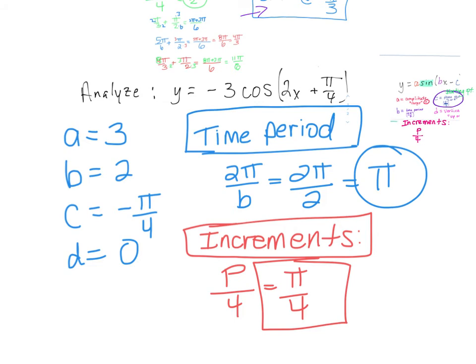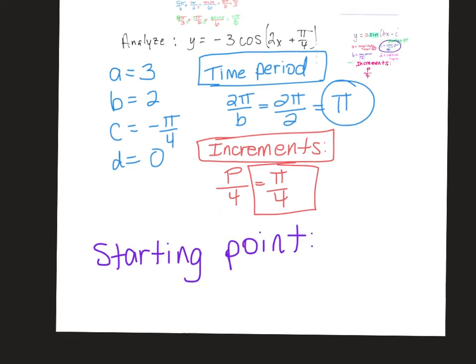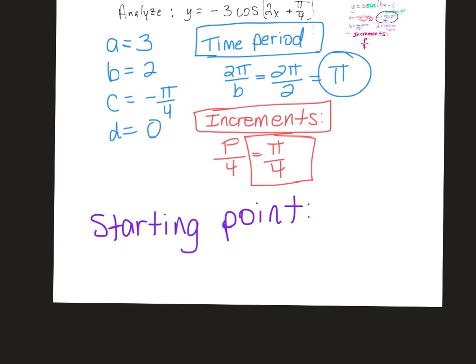So now the last really important piece of information to find is our starting point, right? So our starting point, we'll do it in purple. Look on your little tiny cheat sheet. How do you find your starting point? Your phase shift. It's C divided by what?